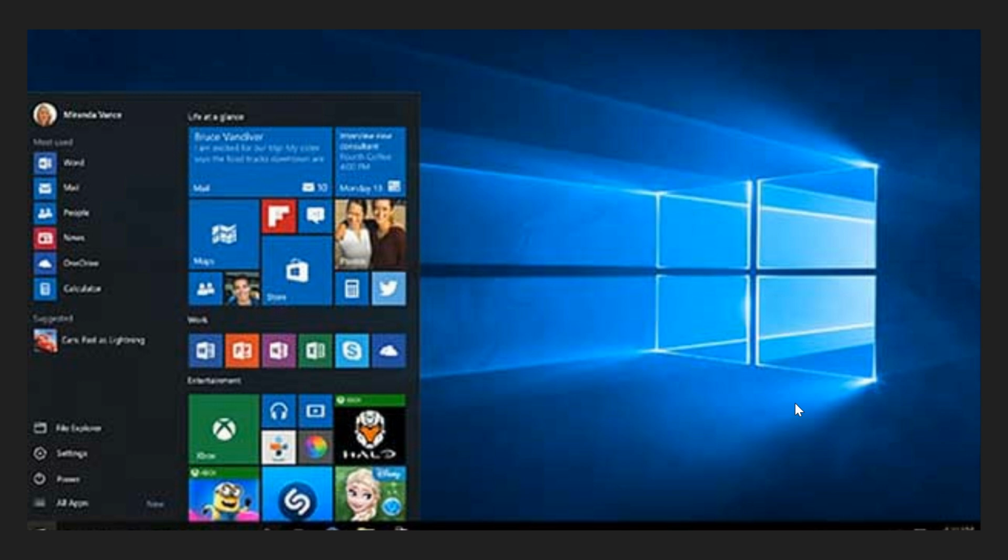It was called the November update. What it mostly did was update some features that felt unfinished, but that were tweaked to look a little more finished. They also tweaked the start menu a little bit. The build number for that one was 10,586.